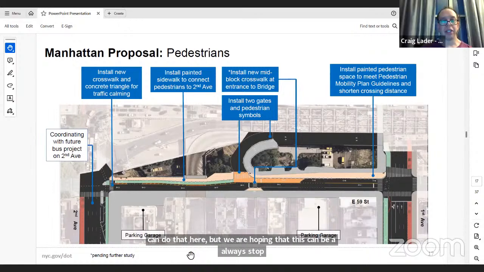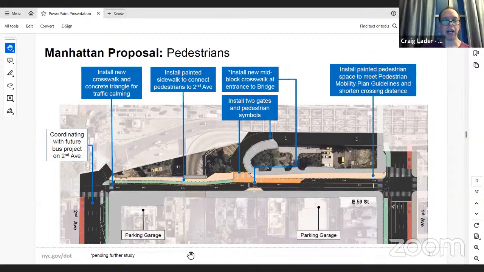Yeah, and I would just suggest that if you can't get the always stop, that you have, I'm blanking on what it's called, the signal that could be triggered where you could actually have lights in the crosswalk or flashing lights to alert people that there's a pedestrian actually crossing.